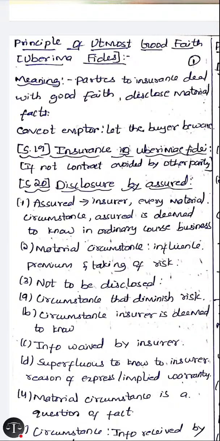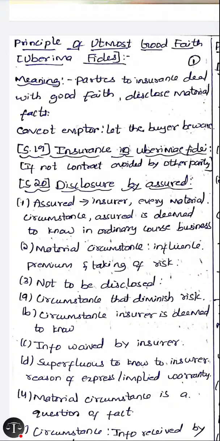If one party does not disclose any material circumstances to the other party, the other party can easily avoid the contract. Section 20 of the Marine Insurance Act 1963 states disclosure by assured. So what are the things that an assured should disclose to the insurer?